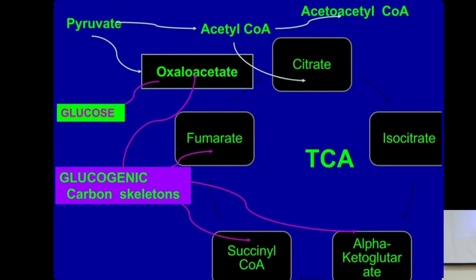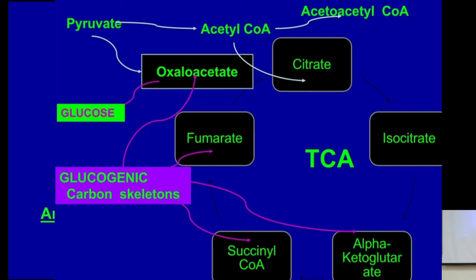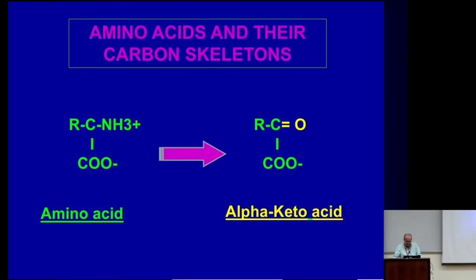So any amino acids that give you any of those four intermediates in the TCA cycle become glucogenic. Okay? Because they all end up at oxaloacetate. Oxaloacetate can go back to glucose. So that's really an important concept to understand. And we'll get back to it in a little bit.